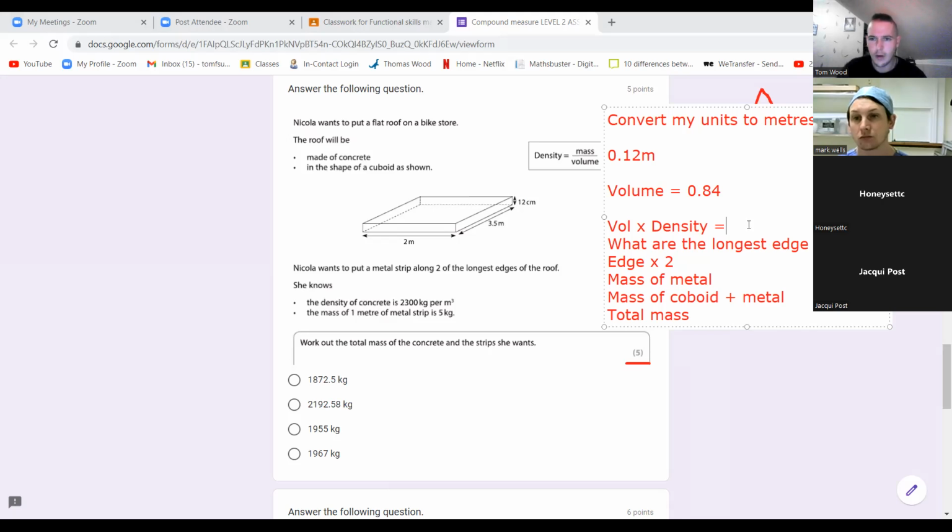I've got 0.84. So my answer is going to be close to it, but not quite. It helps us with our scales a little bit. So we've got 0.84, and I've got to multiply that by the density, which is 2,300. And that's going to give me the weight or the mass. So that is 1932.